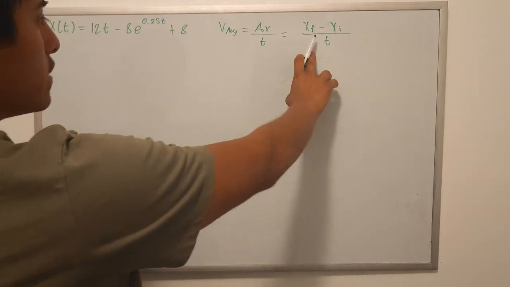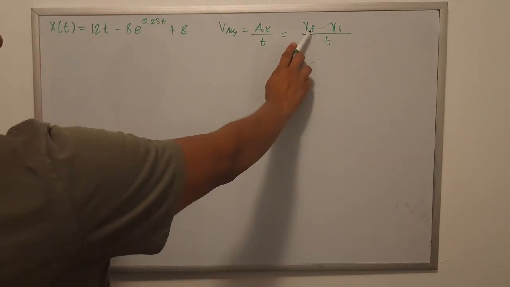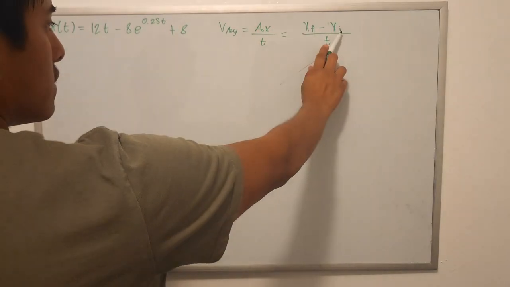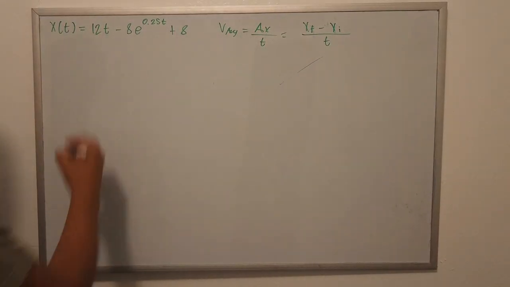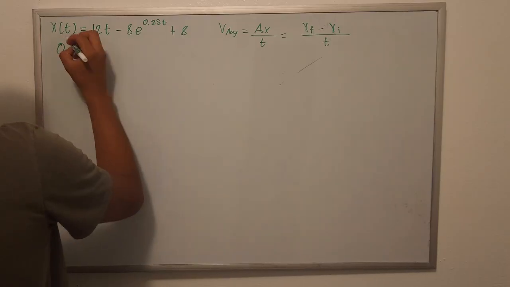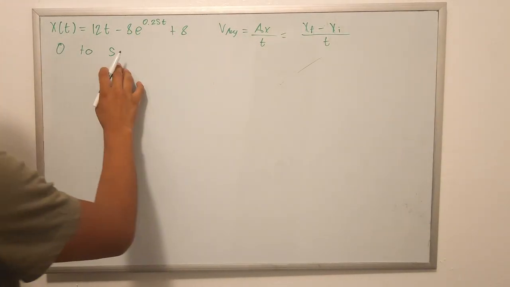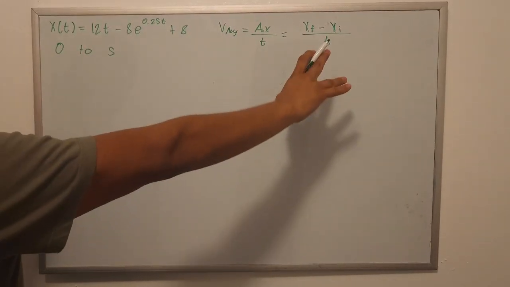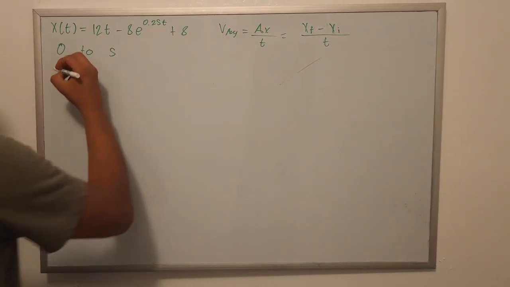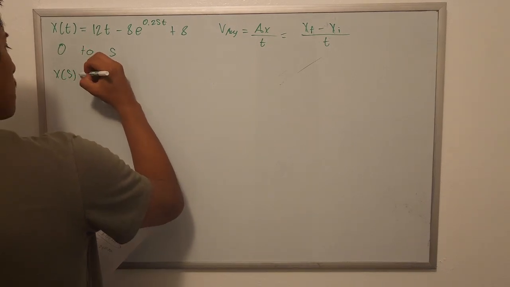And so we have our equation. Now we just have to plug in our variables. We're going to get the final position and initial position once we plug our times into this equation. So our times are, we start at 0 and then we go to 5. So our final position is going to be at 5 seconds and our initial position is going to be at 0 seconds. So let's plug that in.